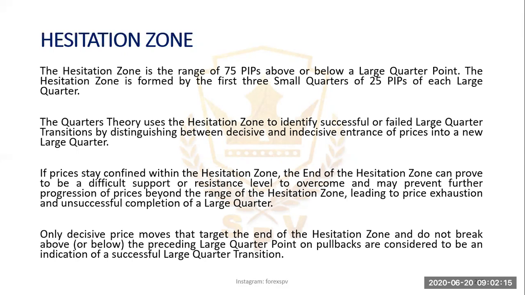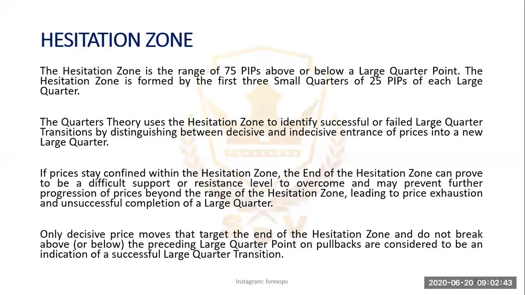Because if price stays confined within this hesitation zone, it can prove to be a difficult support or resistance level to overcome. And it may prevent further progression of price beyond the range of the hesitation zone. And this will lead to unsuccessful completion of a large quarter.